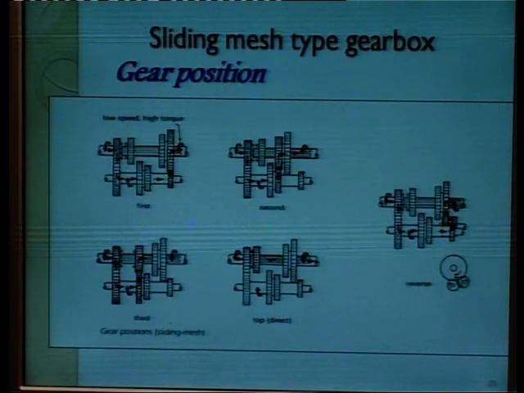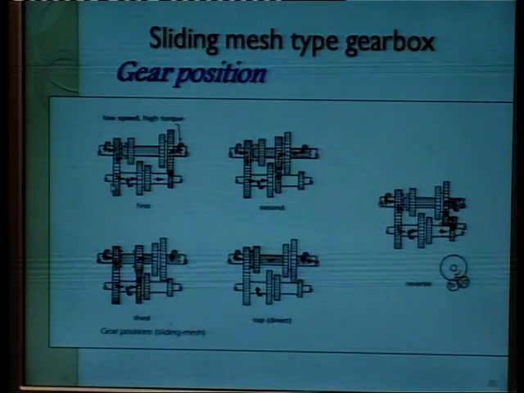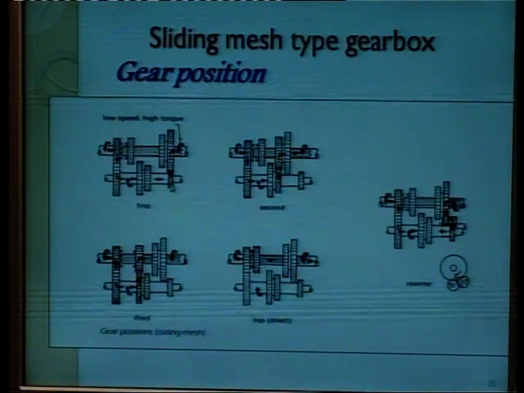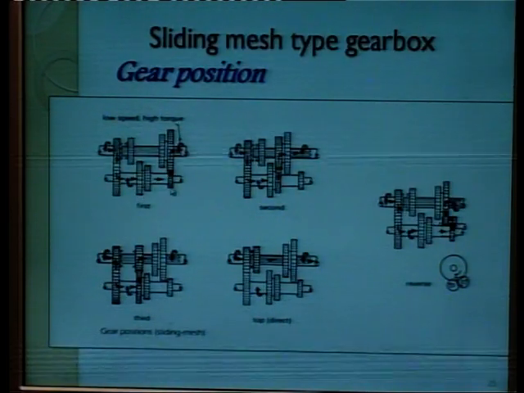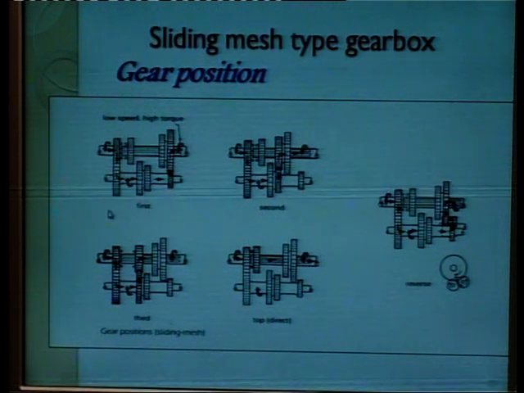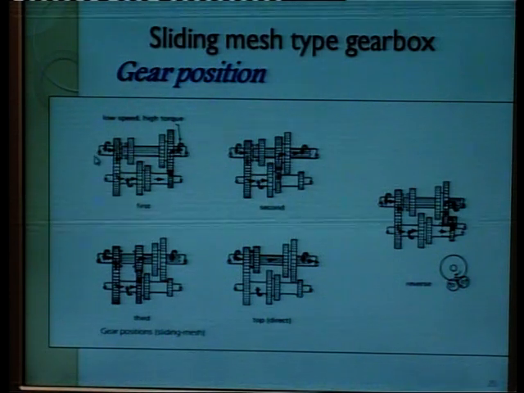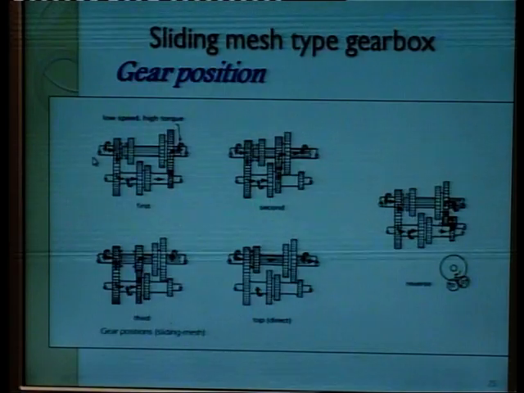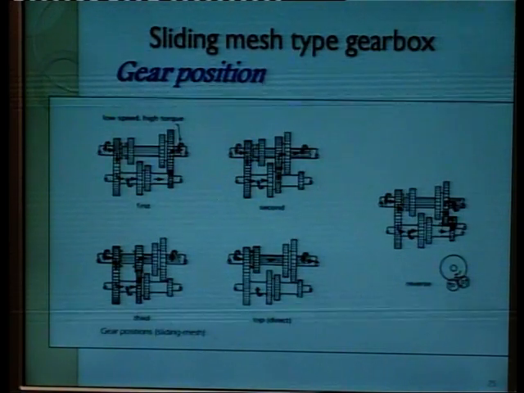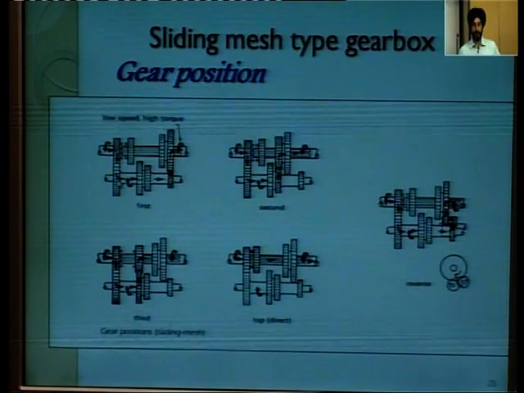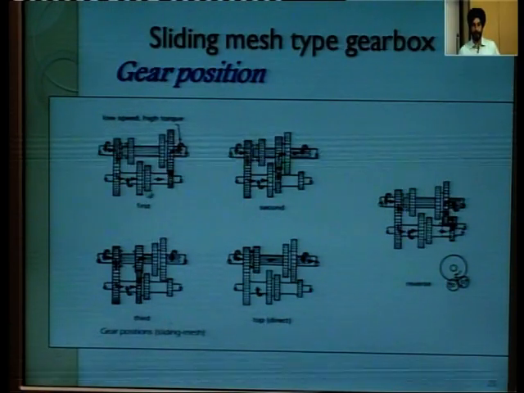So, this gear will run and it is mounted on a lay shaft, and 3 other gears are also mounted on this lay shaft. When the engine is running, the clutch is engaged and the gearbox is in neutral position, the lay shaft will be running all the time and all the gears will be running.